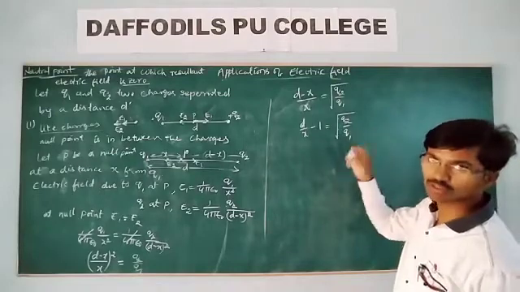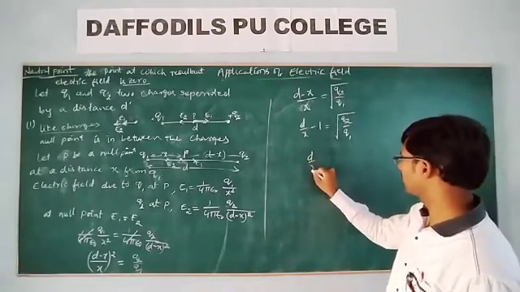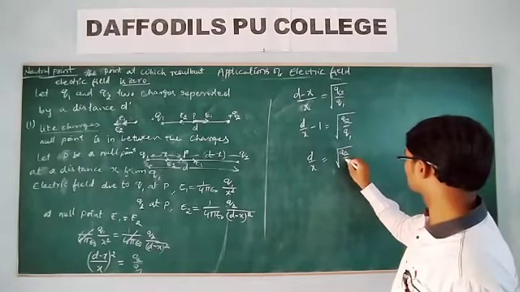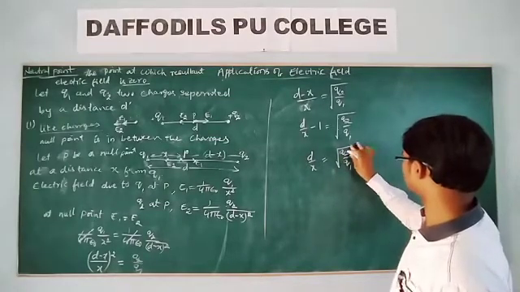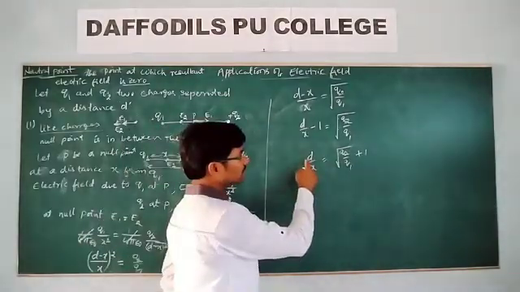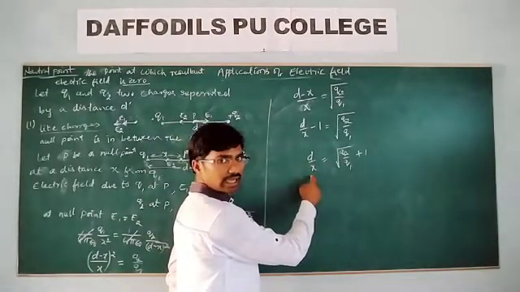Now you bring this minus 1 to this side. d by x is equal to root over q2 by q1 plus 1, where the plus 1 is outside of the root. But we need not the d value, we need to find the x value.